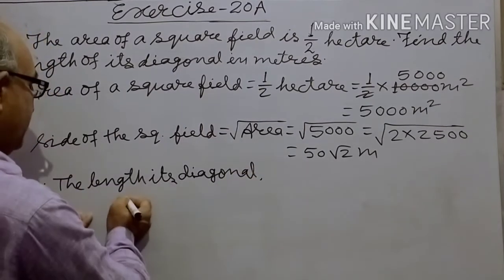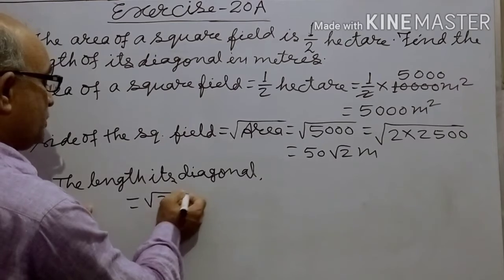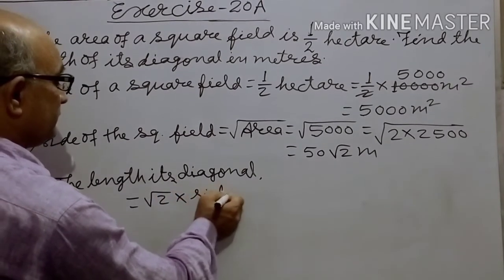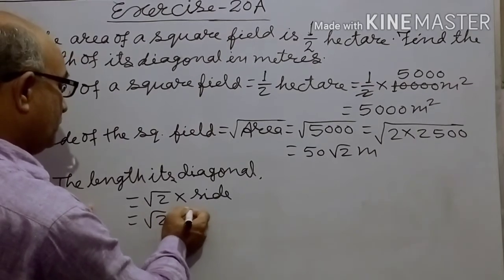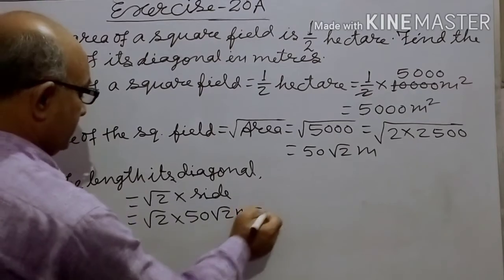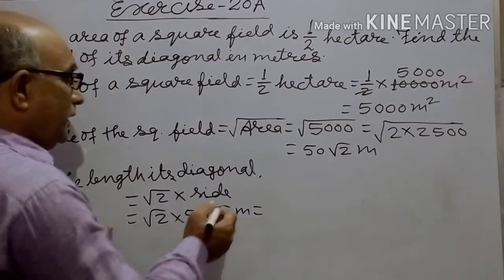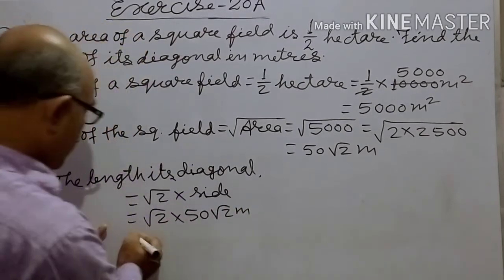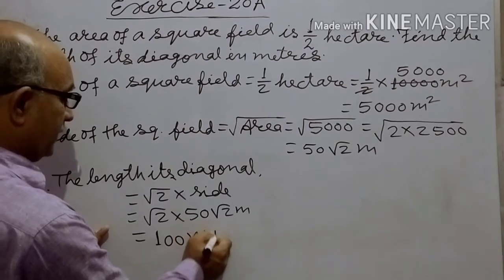Length of its diagonal equal to root 2 into side, equal to root 2 into 50 root 2 meter. Root 2 into root 2 is 2. 2 into 50 equal to 100 meter.